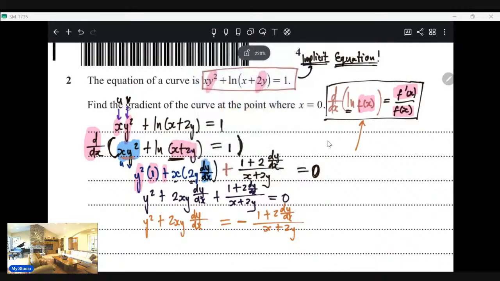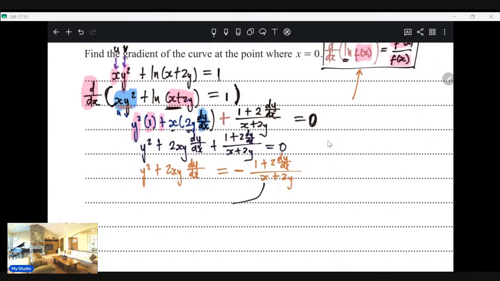Even for those who want to do engineering, you now take this denominator to the other side. You have x plus 2y, now multiplying y squared plus 2xy dy/dx. And it is equal to negative of 1 plus 2 dy/dx. Now, let's expand. x will multiply this whole thing. x times y squared is xy squared.